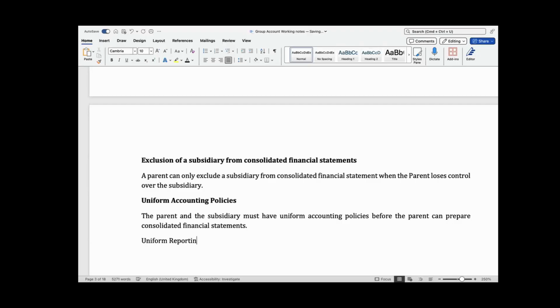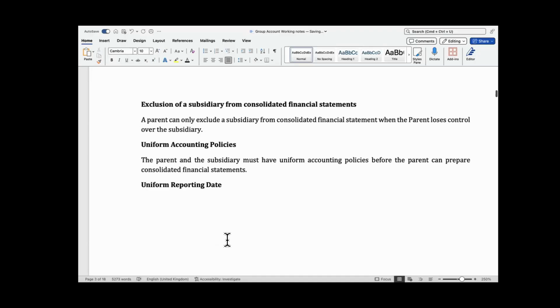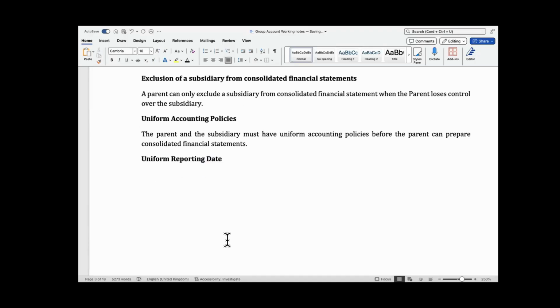Then we have uniform year-end or uniform reporting dates. So the parent and the subsidiary must have the same reporting dates. However, where this is not possible, they can go ahead and prepare consolidated financial statements if the difference in reporting dates is less than 3 months.